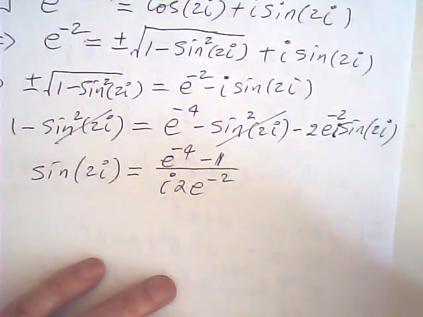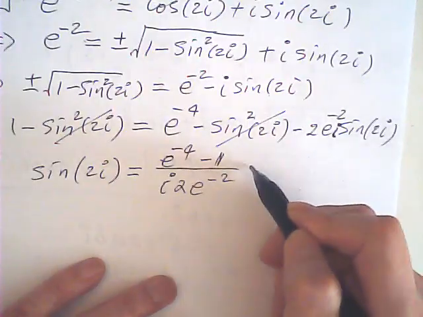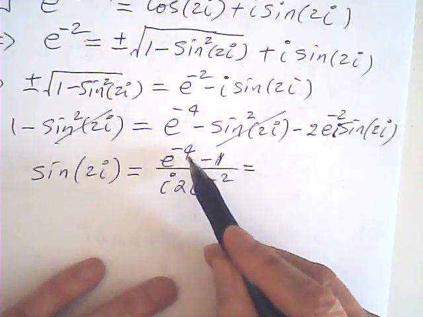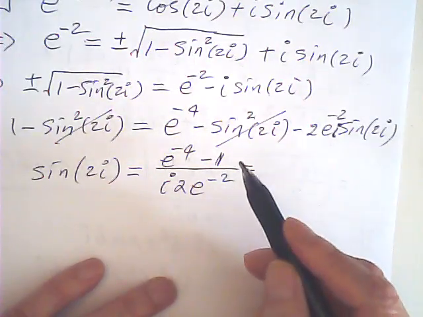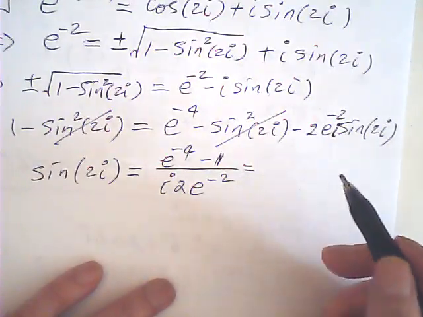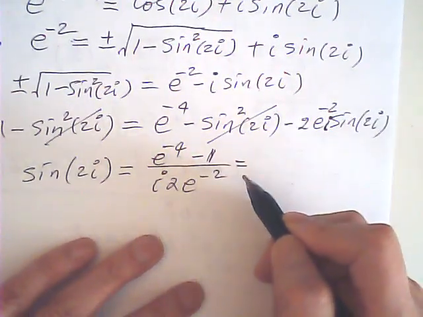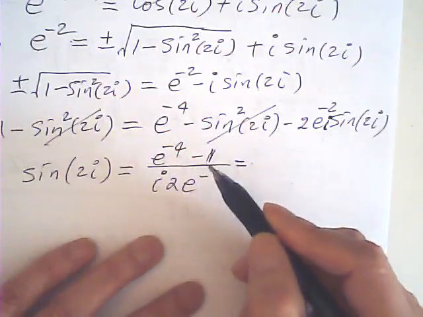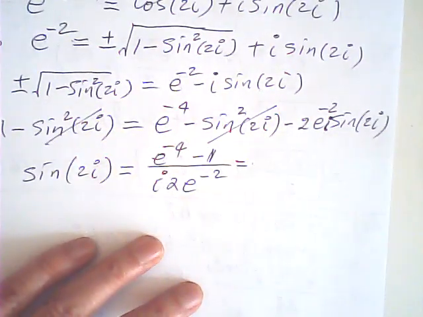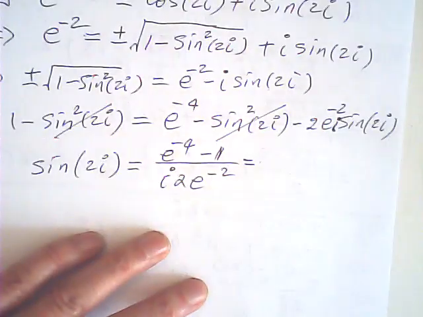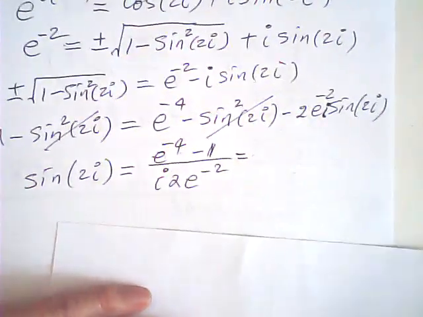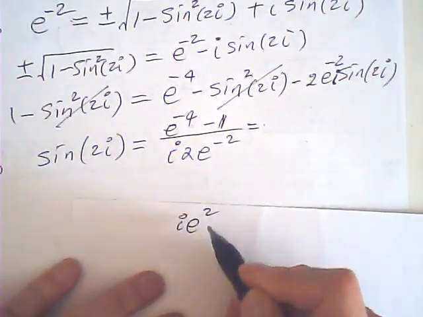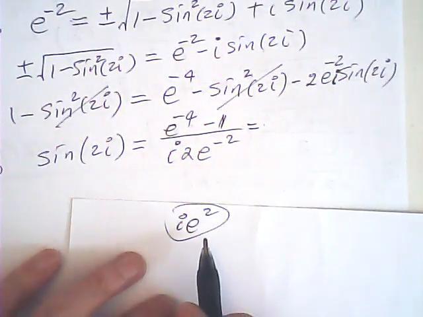Then I multiply by i times e squared, both top and bottom, right? Times e squared times i, both top and bottom, by this.